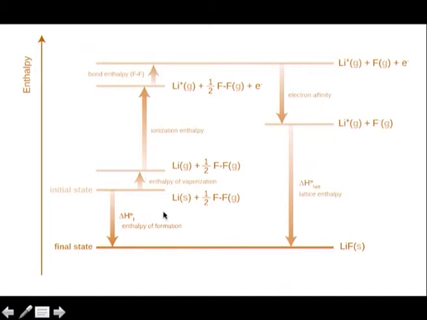I can get lithium fluoride directly from lithium and fluorine, or I go through all the 5 steps I just mentioned, that is, the vaporization of lithium and then dissociation of the fluorine molecule and things like that. So, I can reach lithium fluoride from lithium and fluorine either directly, which gives me the enthalpy of formation, or I go through this whole cyclic process.